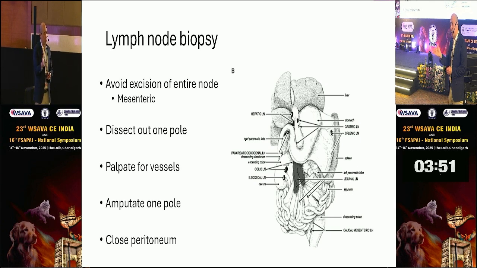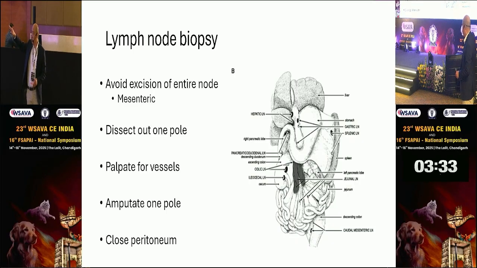You stay on the node. It's very delicate. I then simply get a sharp blade and I cut the tip of that lymph node off. I don't suture that. I simply cut that off. You can put a suture in the peritoneum, but you don't need to suture it for hemostasis. But only do an incisional biopsy to one end of that mesenteric node.